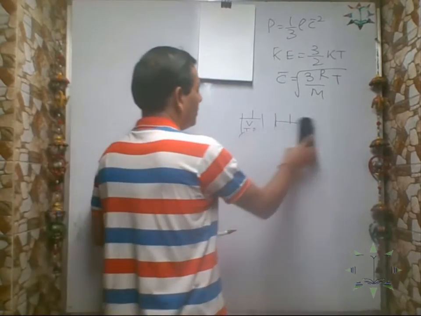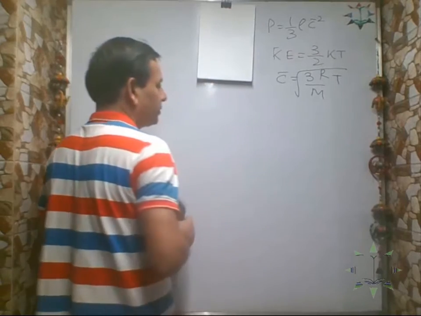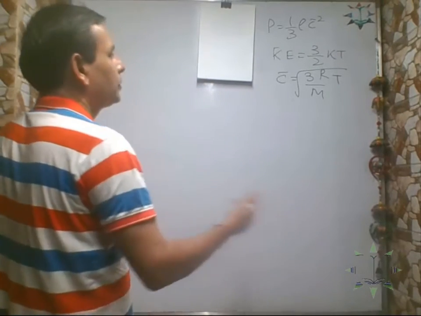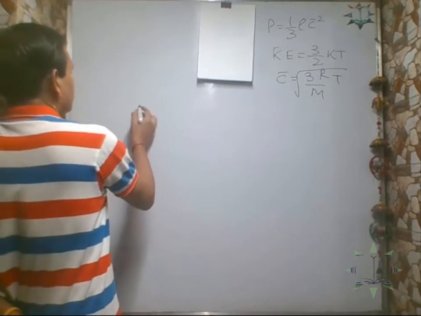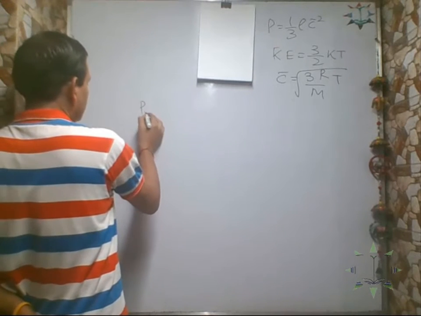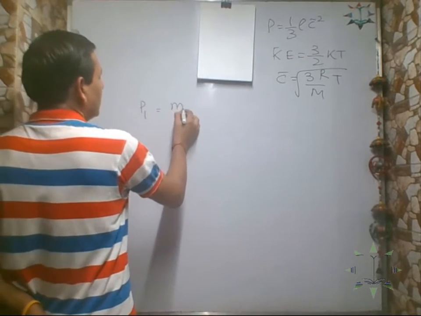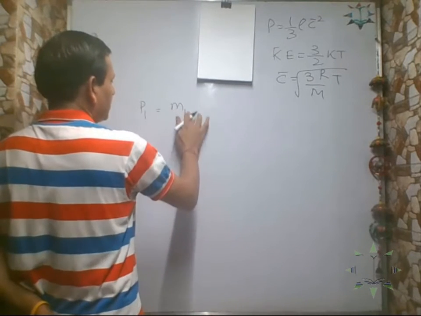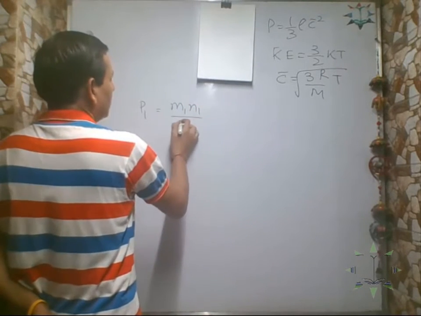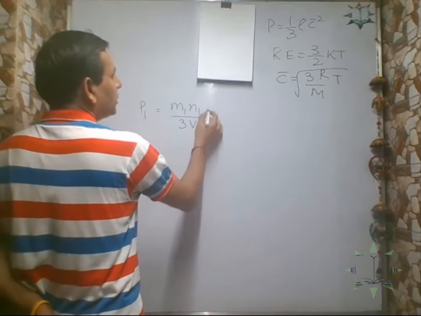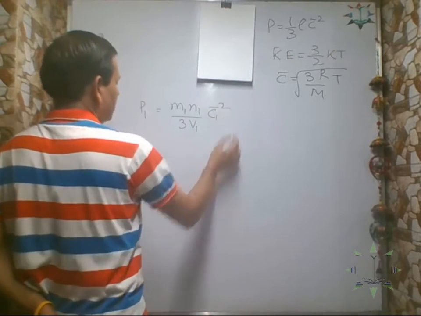Now, to prove Avogadro's law, let us consider two gases. For the first gas, the pressure exerted is P1 equals m1 n1 by 3 V1 into C1 bar square.